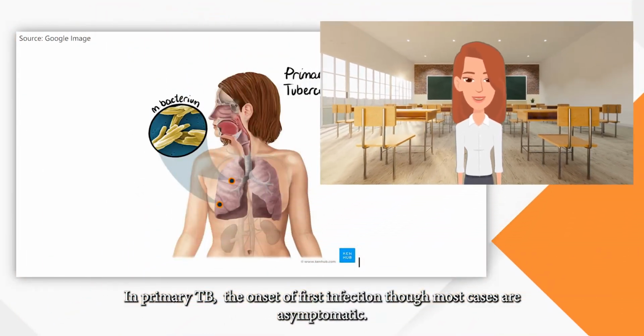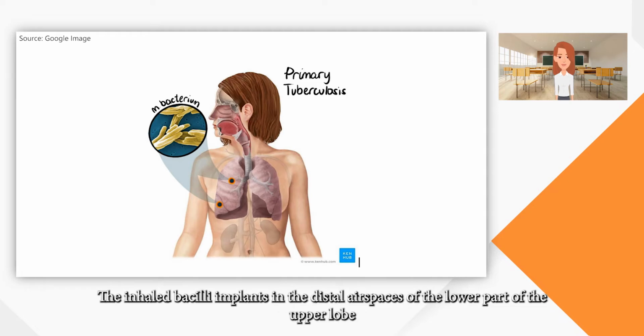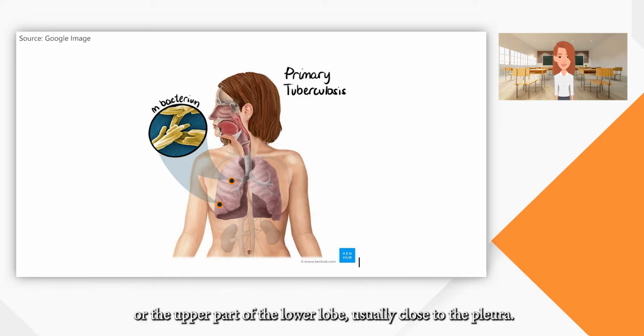In primary TB, the onset of first infection, though most cases are asymptomatic. The inhaled bacilli implant in the distal air spaces of the lower part of the upper lobe, or the upper part of the lower lobe, usually close to the pleura. It lacks marked tissue damage or cavitation.